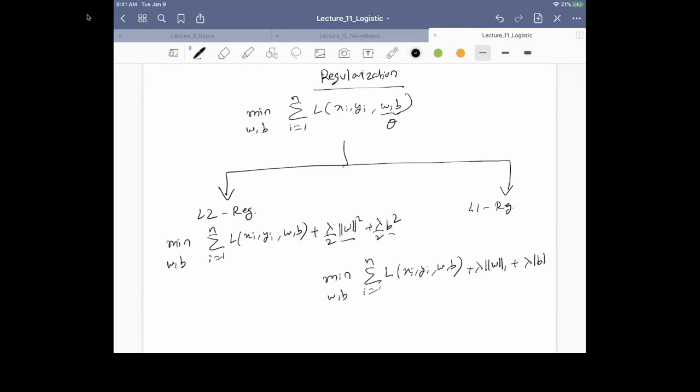The one norm of w, if you remember, is nothing but the sum of the absolute values of wi over the dimensionality. So that's the difference between L1 and L2 regularization.